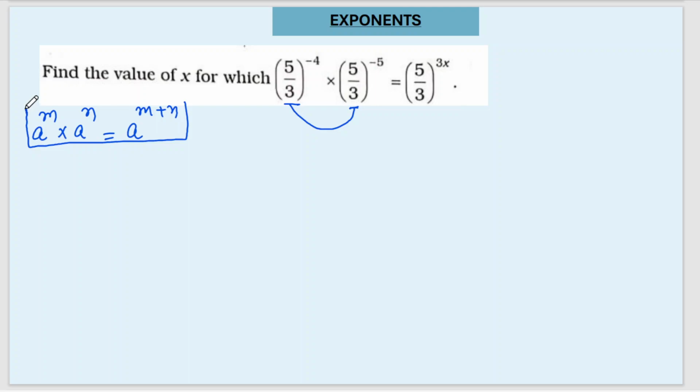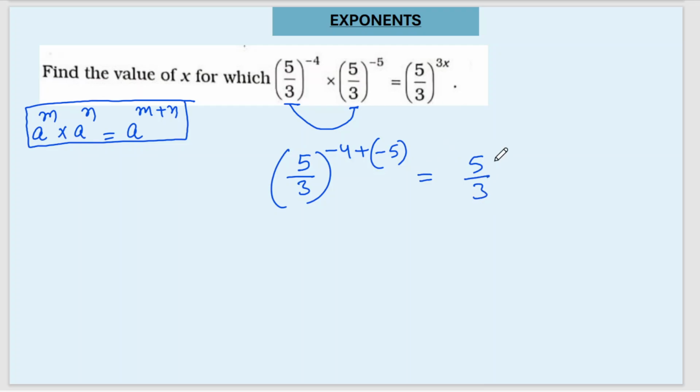That means I am going to apply the same formula here also. Same base, our base is 5 by 3 to the power minus 4 plus minus 5, equal to 5 by 3 to the power 3x.